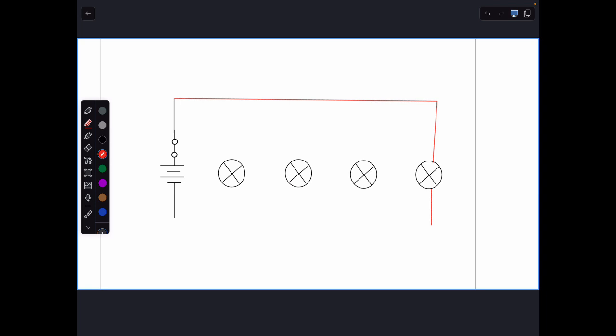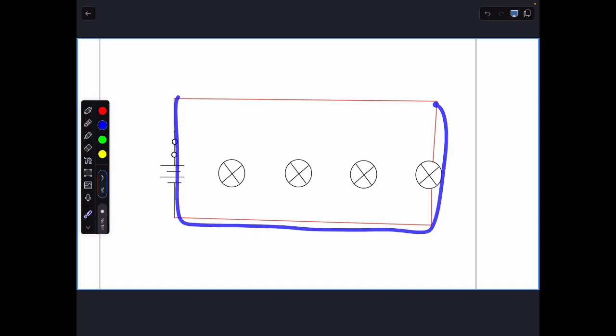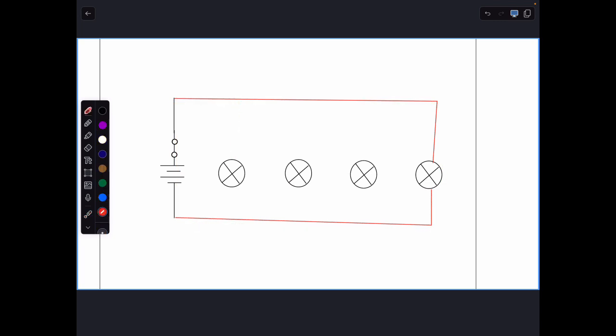Those who didn't, I actually highlighted. This is the main line, and within the main line, they all ran parallel. So it basically looks like this. Some of you used curvy lines, I don't know why, but okay. Use a ruler and pencil, please.